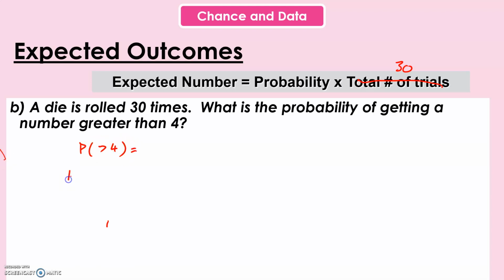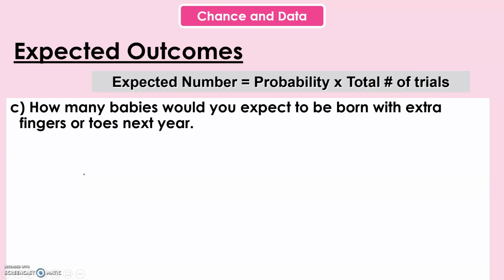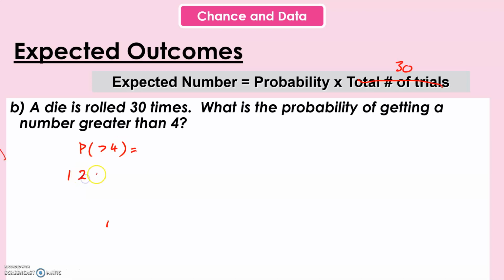So I have to think about all the possibilities. 1, 2, 3, 4, 5, 6. And which one of those numbers are greater than 4? It's 5 and 6. So it's 2 out of 6. 2 of the outcomes out of 6 possible outcomes are greater than 4.